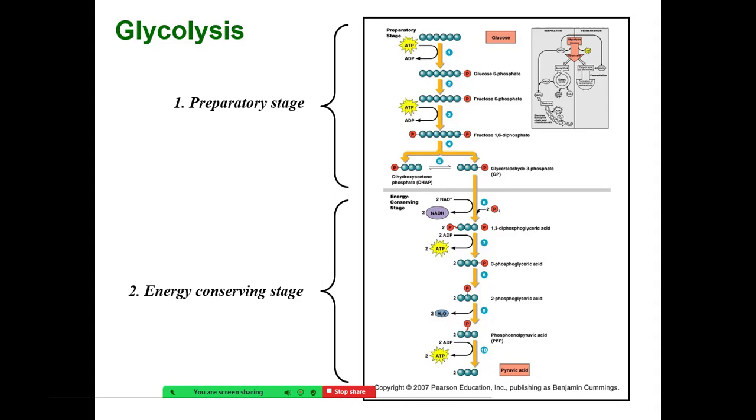Now, when I was an undergraduate and I was learning glycolysis, I had to know the names of every molecule on this chart, and I had to know the enzymes too, which aren't even in here. It's just 1, 2, 3, 4, 5, 6, 7, 8, 9, 10. So 10 steps, counting this one here.